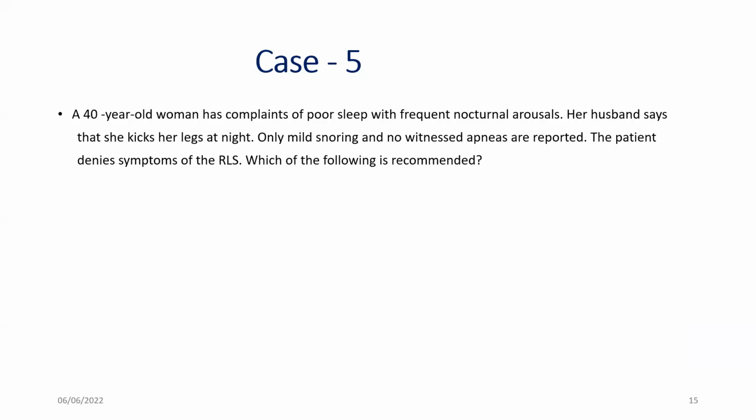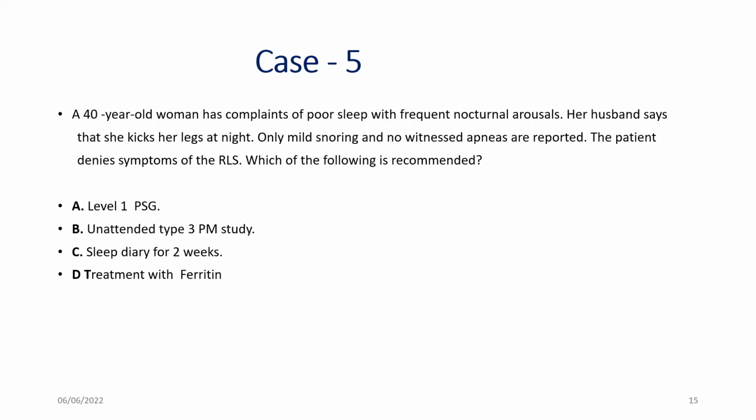Now, again, go back to the previous slides, where I told you that for patients with comorbid conditions, for example OHS, PLMD, central sleep apnea, COPD, neuromuscular disorders, we should look for level 1 PSG, because level 3 will not capture PLM leg movements, and we have to have attended PSG. So in this case, again, we will look for level 1 PSG only.